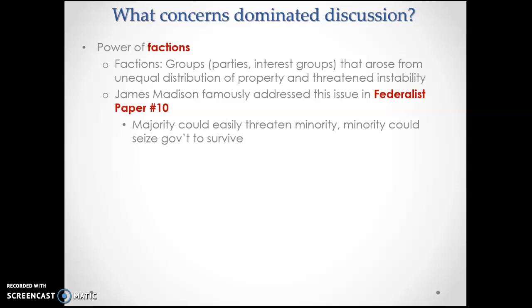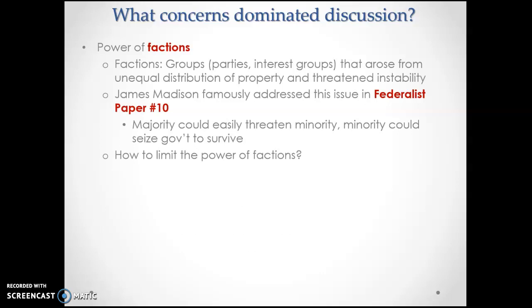Minorities deprived of power by the majority faction would therefore seize government and power in order to survive. So the idea was that factions were a threat to stability. James Madison details a pretty compelling and quite brilliant solution to how the new federal government of the Constitution could deal with factions, but we will save that for our close reading of Federalist Paper number 10.